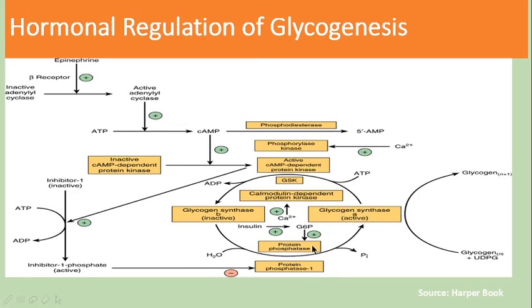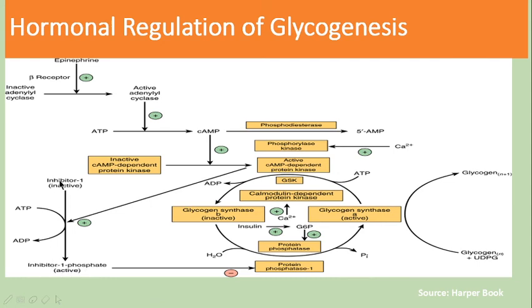Insulin's role is to trigger protein phosphatase. These are the two concepts you have to remember: insulin triggers protein phosphatase, whereas cyclic AMP triggers the enzyme protein kinase. Kinase means phosphorylation. Insulin triggers protein phosphatase by inhibiting the activation of the inhibitor protein.